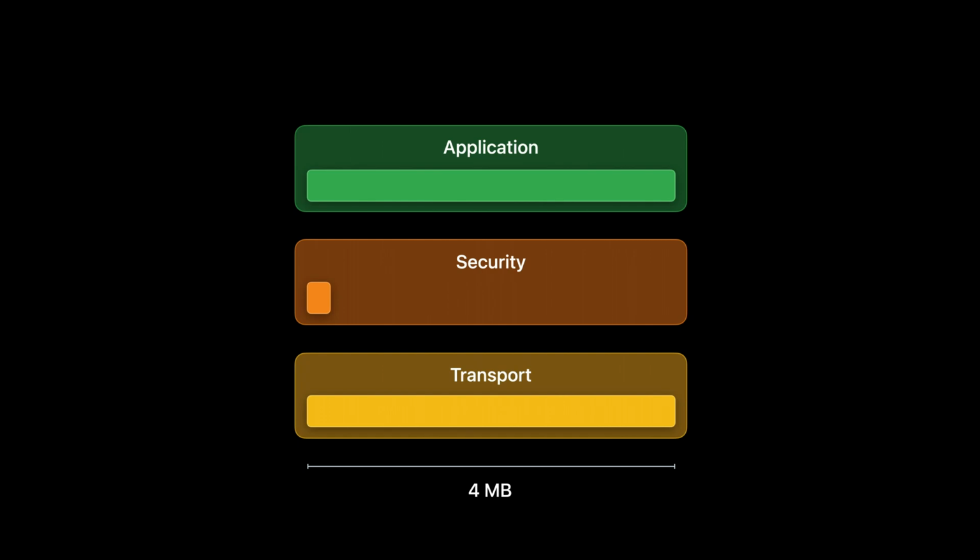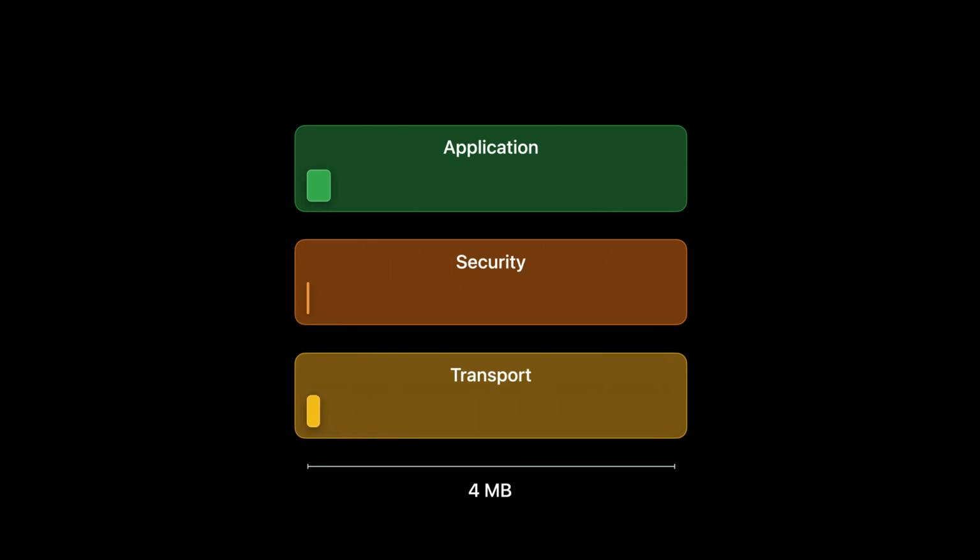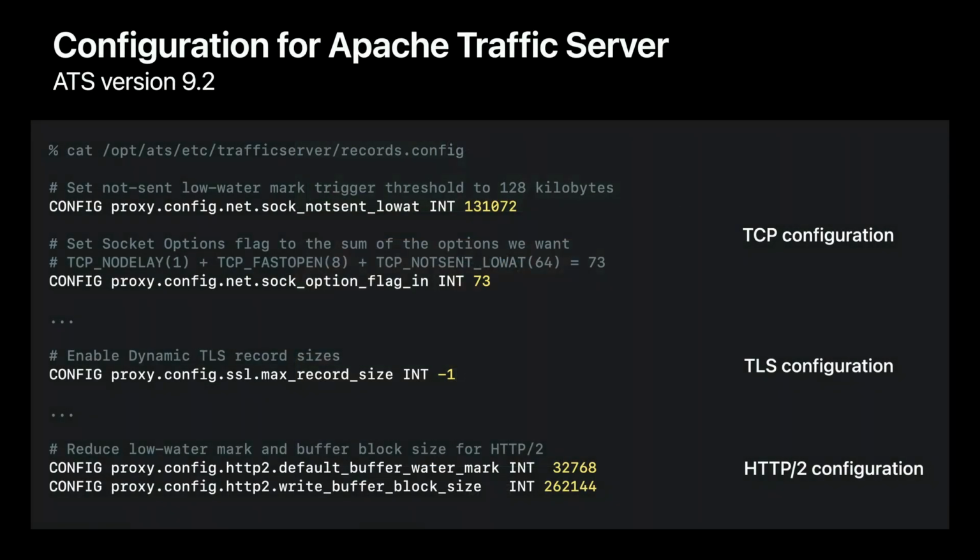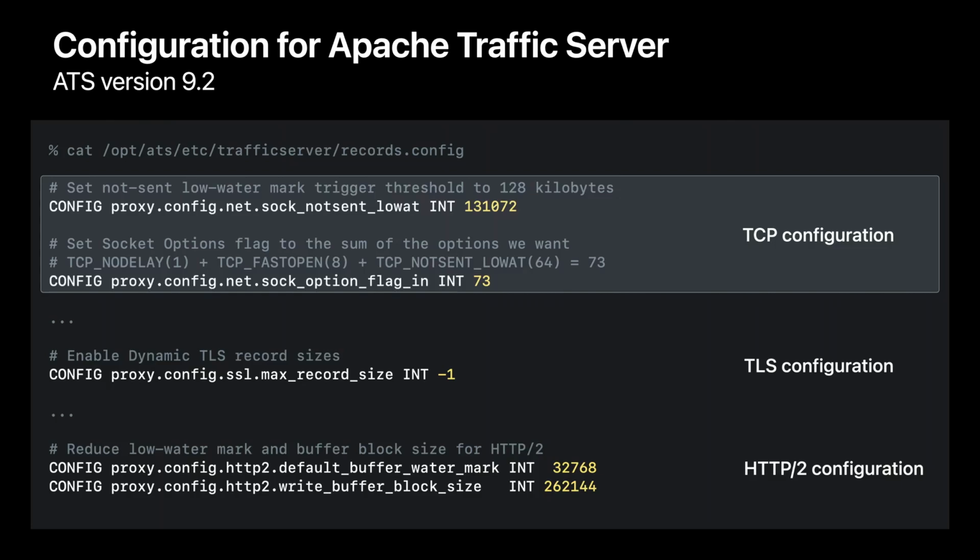So we reduced the buffer size to 256 kilobytes for HTTP, 16 kilobytes for TLS, and 128 kilobytes for TCP. This is the config file for Apache Traffic Server, which shows the options that were configured. TCP not sent low watermark was set to 128 kilobytes, along with other options that were enabled to lower buffering.